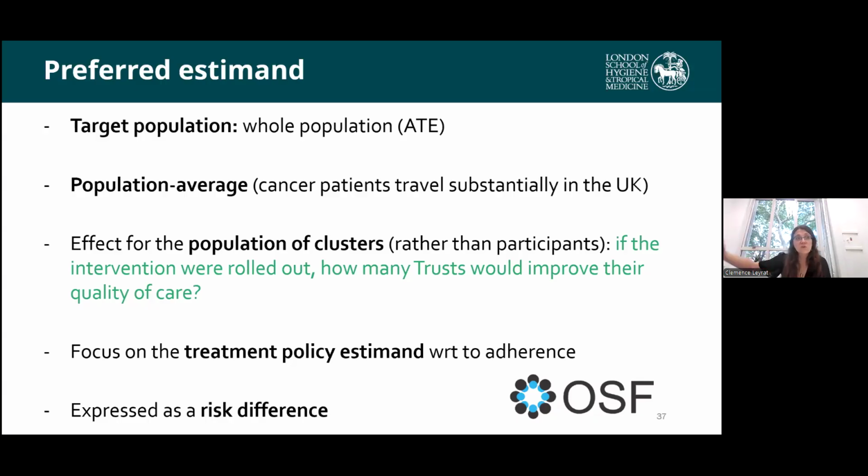Also, of course, we want to see the effect on participants. But maybe the question is, if the intervention were rolled out, how many trusts would improve their quality of care, or at least how many would increase the proportion of patients treated with surgery.